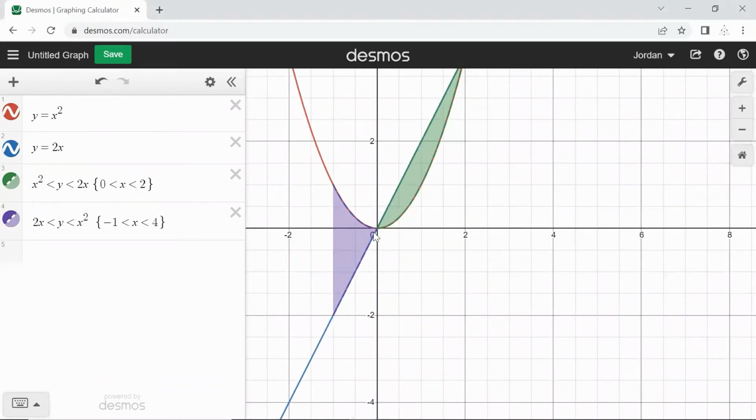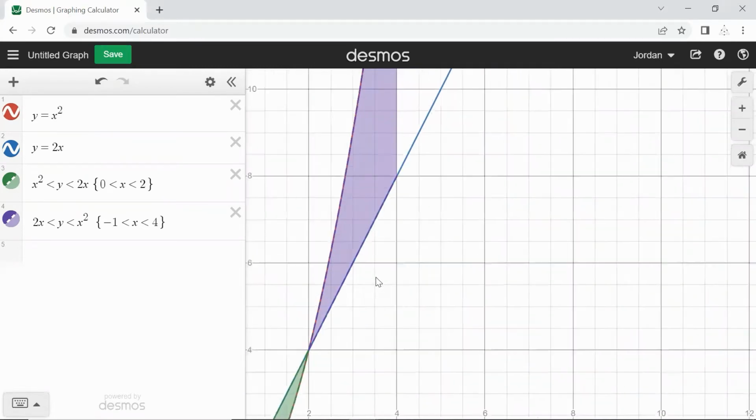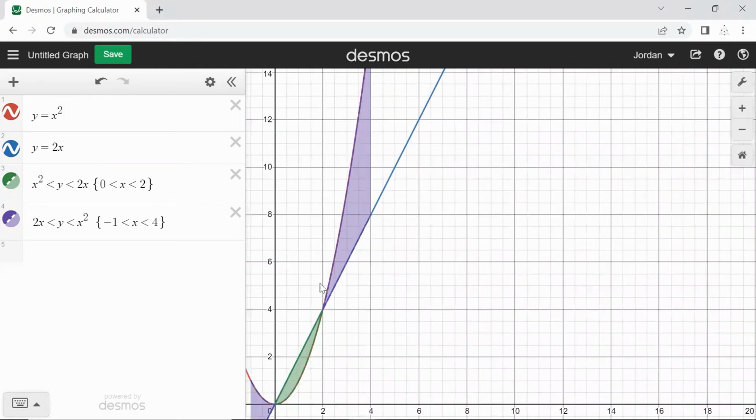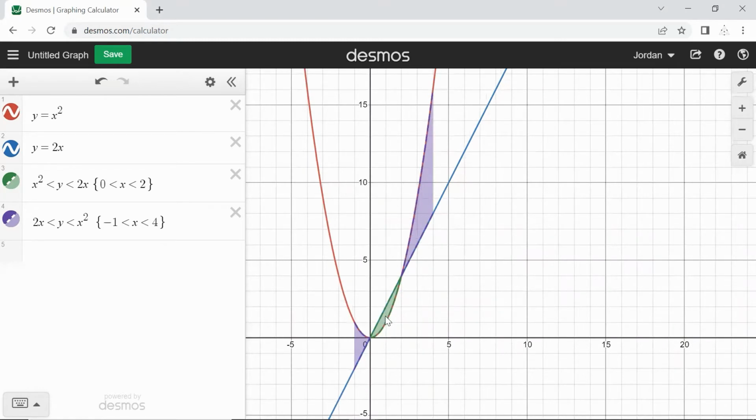This purple area here, where x squared is above y equals 2x. The green area is where y equals 2x is above y equals x squared. And I wrote this other area in as purple because, again, y equals x squared is above y equals 2x. There are the 3 distinct areas that we want to add up.